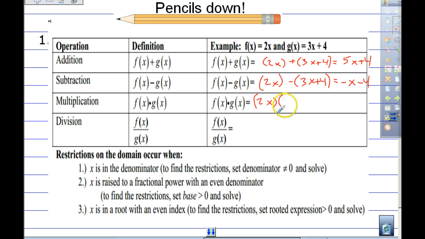Do that too. 2x times 3x plus 4. What does that equal? 6x squared plus 8x. So far, just something we've been doing a long, long time. Here, division, like I said, we've done this before, just it was in Algebra 1. Let's go ahead and divide. Okay, so 2x on top.